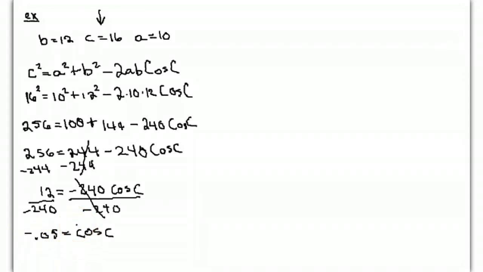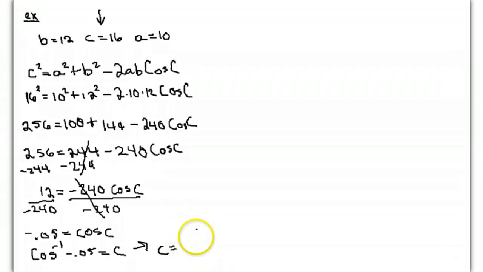What do we do to sine? How do we move the sine over? Inverse. So you got an inverse cosine button on your calculator too. When you move the cosine over, you're going to have cosine inverse of negative 0.05, and that's equal to big C. And that'll give you what C is when you plug that in the calculator.